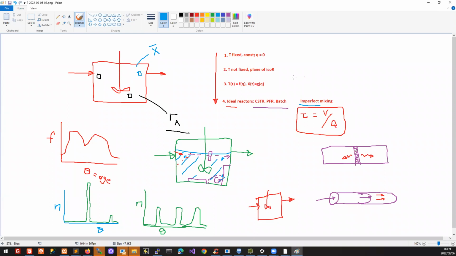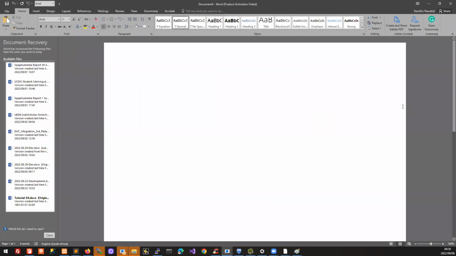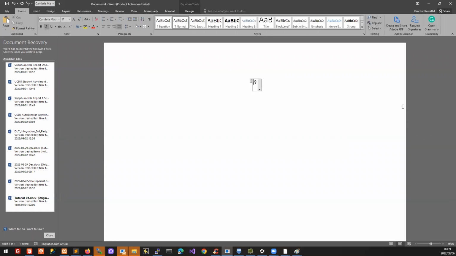Okay, now the next step then is to define for ourselves some useful ways of developing an age distribution. And of course, there is this set of notes here, but in a way, I like to do this from scratch. So we have defined one variable already. Theta is the age of something.